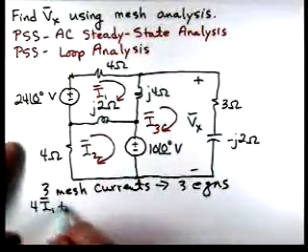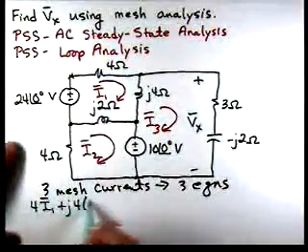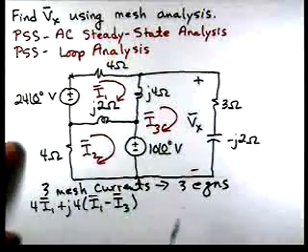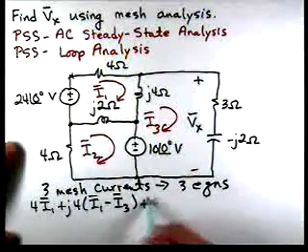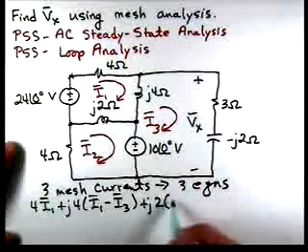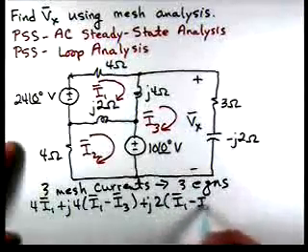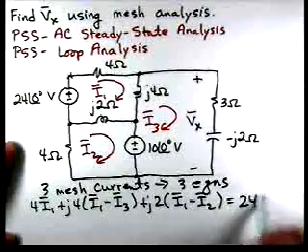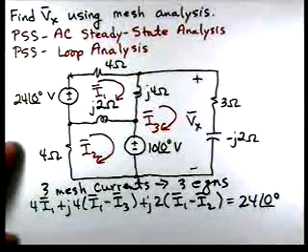element. Then we'll have j4 times (I1 minus I3) plus j2 times (I1 minus I2) is equal to 24 at angle 0.